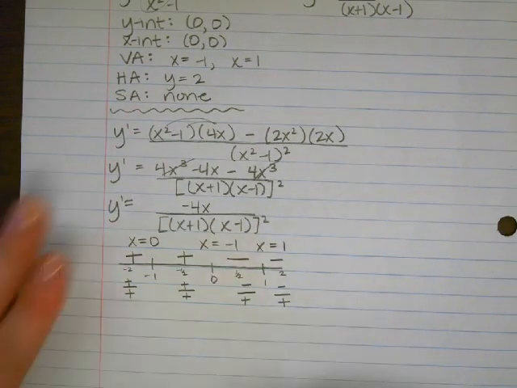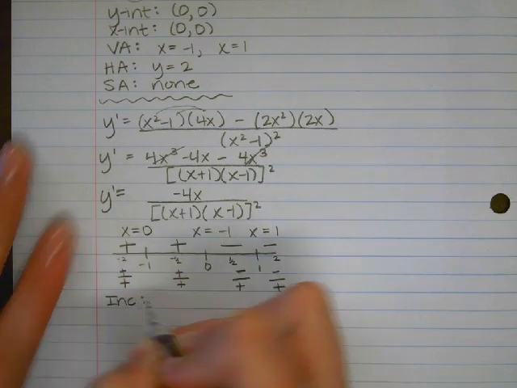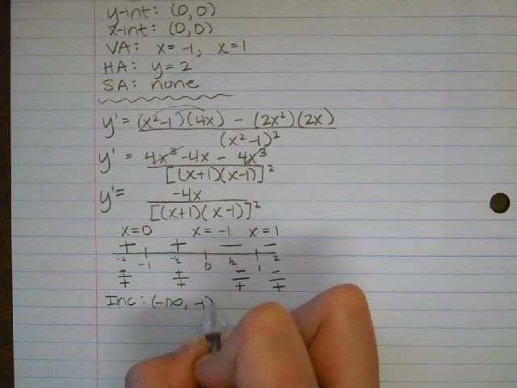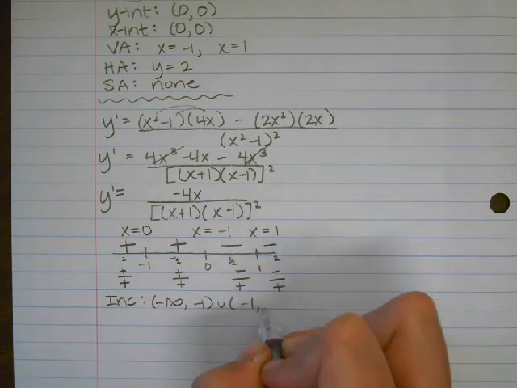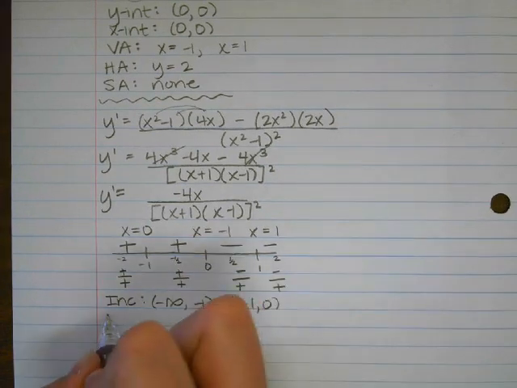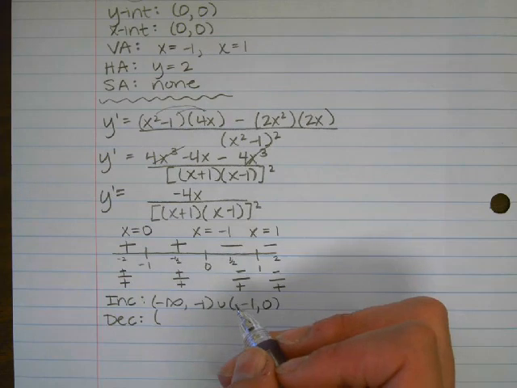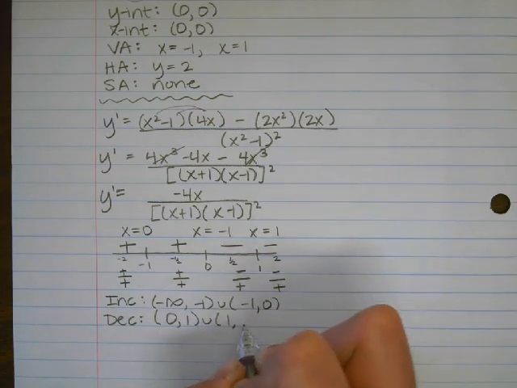Okay, so this graph is increasing from negative infinity to negative 1, and then from negative 1 to 0. It is decreasing from 0 to 1 and 1 to infinity.